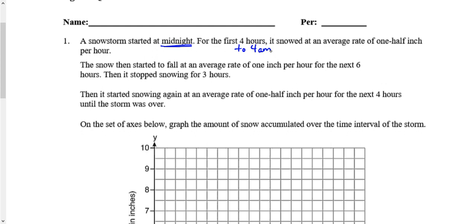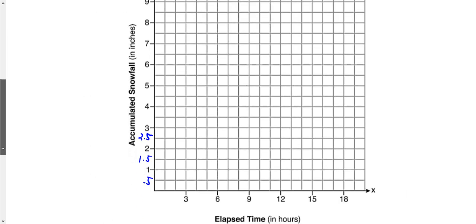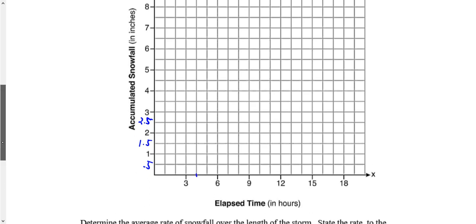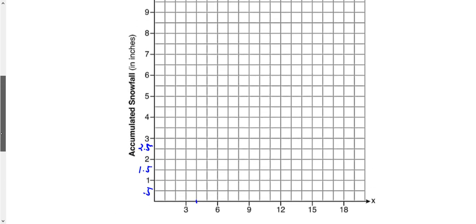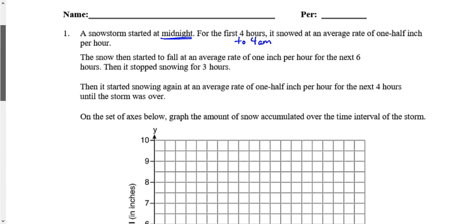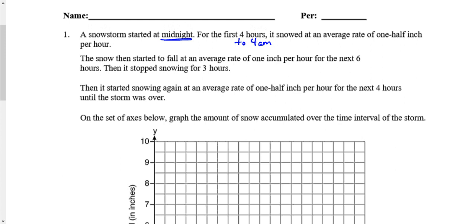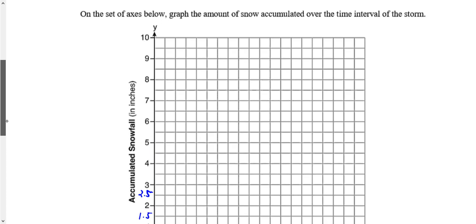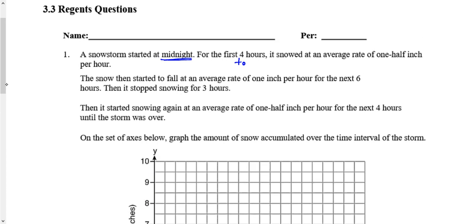So from midnight to 4, I want to kind of do this. Let's go out here to 4, and instead of 4 a.m., because I think we'll probably end up getting past noon, let's just say 4 hours.